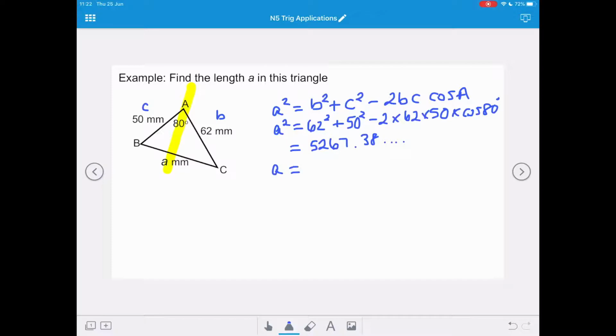Now we're going to use the answer button to square root that 5,267.38 without rounding it to get an accurate value of a equaling 72.57, and so on. We can round that to 73 millimeters, as that's the same accuracy of the other sides in our diagram.